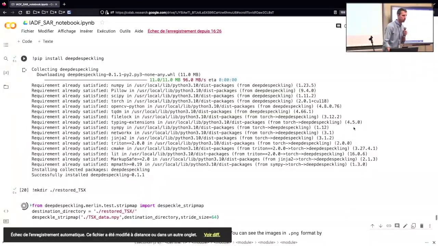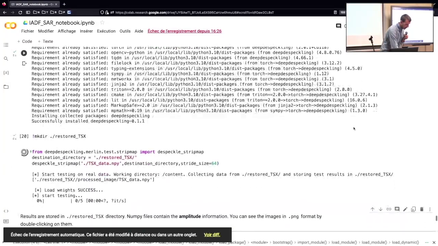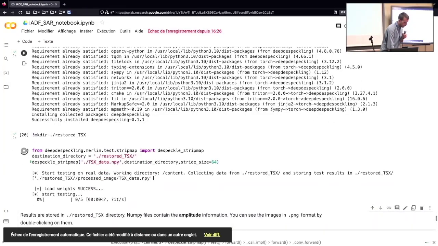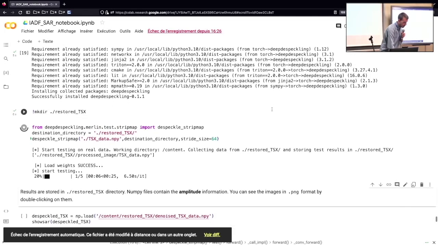The installation is pretty fast. Then I just created the folder where to store the image. And here I am with 3 lines of code making my neural network run on the image and producing the result.